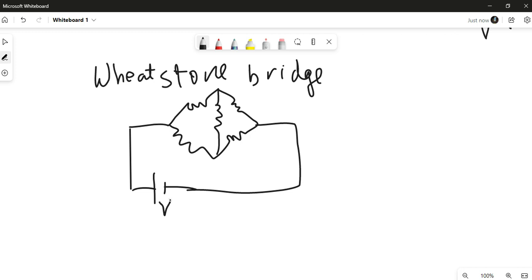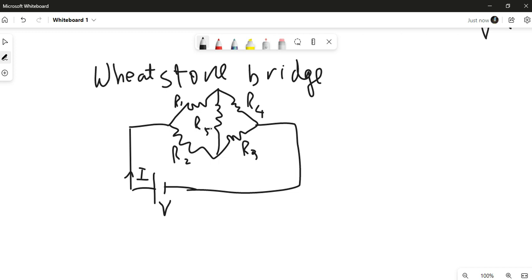Assume this has some, it's offering some voltage V, and then there's some current I like this. Okay. Let this have some resistance R1. Let this be R2. Let this be R3. Let this be R4. And similarly, let this be R5.